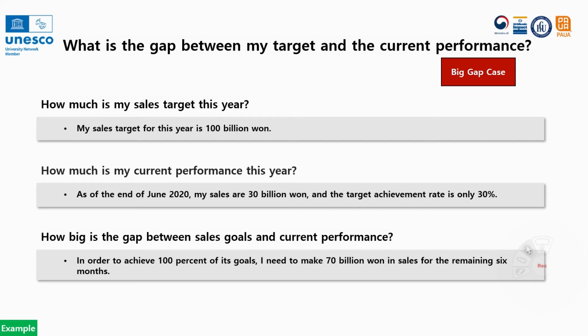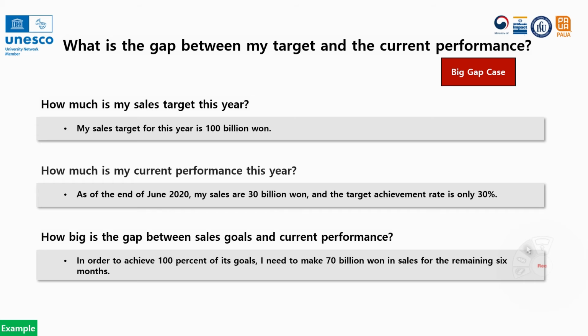For example, how much is my sales target this year? All the salesmen have their own sales target for a specific year. And in this example, my sales target for this year is 100 billion won.